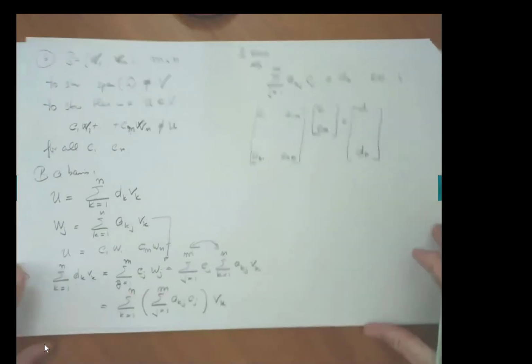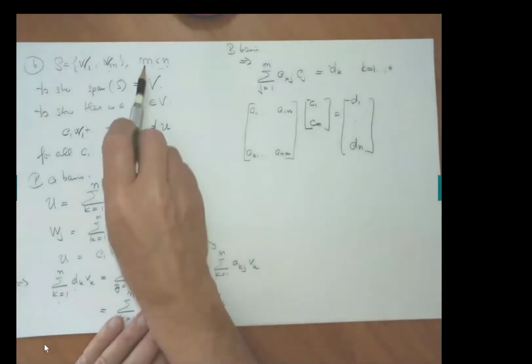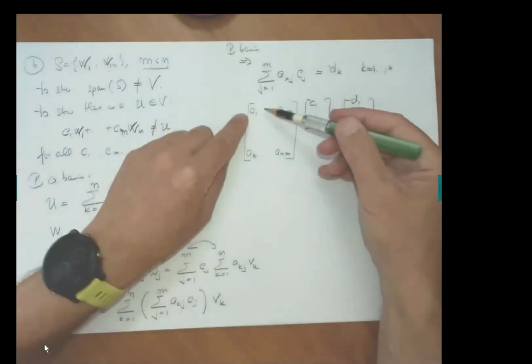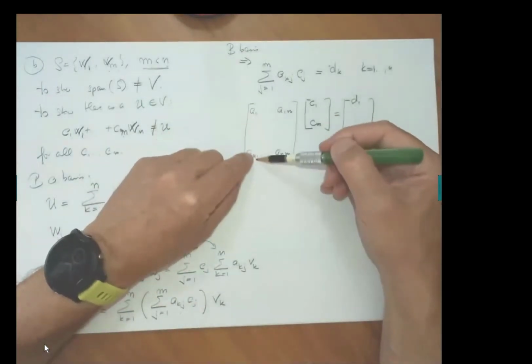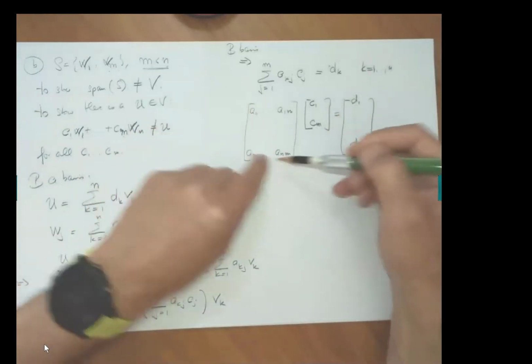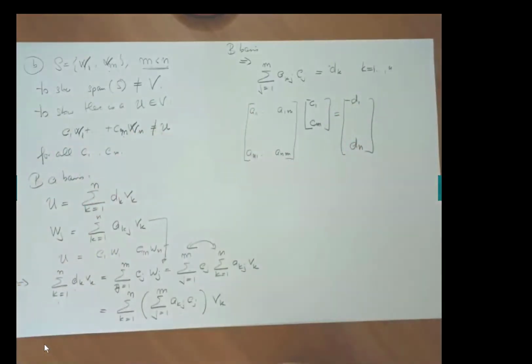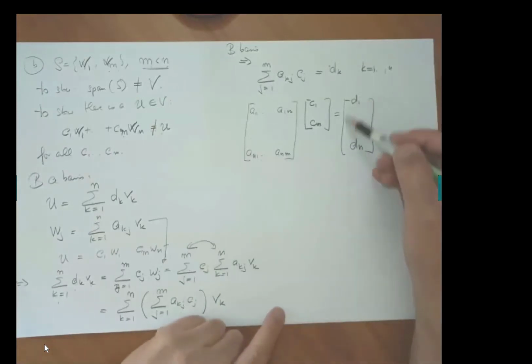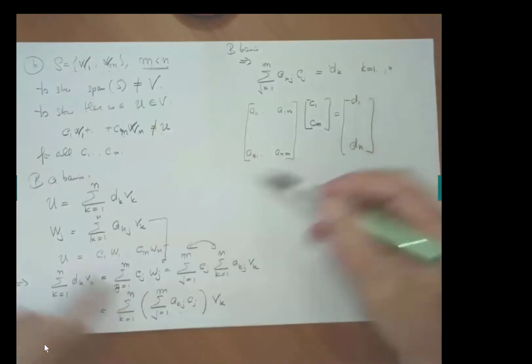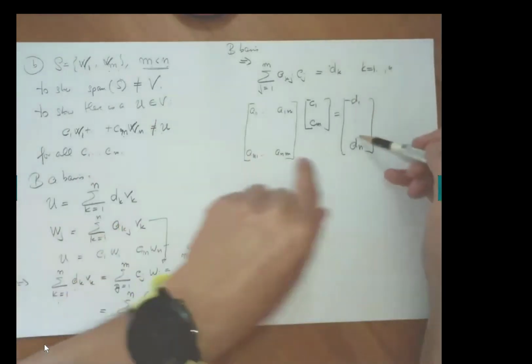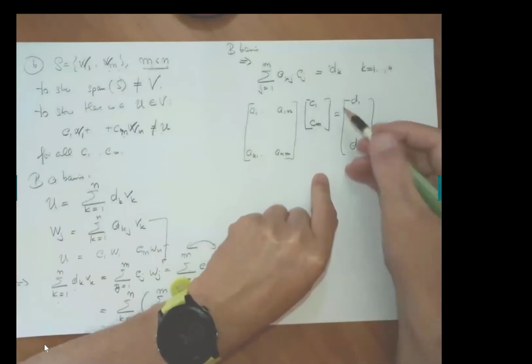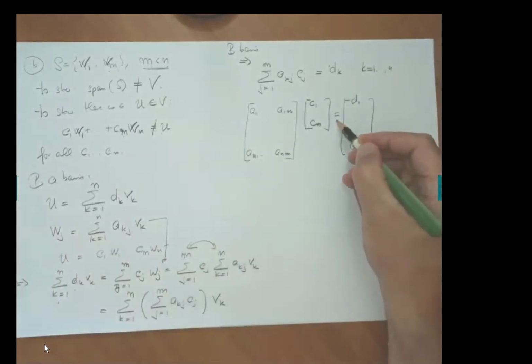And I think I did the picture correct. So m is smaller than n, so our matrix is actually longer, also more rows than columns. And again, come back to our question, what do we actually like to show? We like to show that there are D's, so it means there are U's where you cannot solve the system. The point is we like to show it's not always possible.